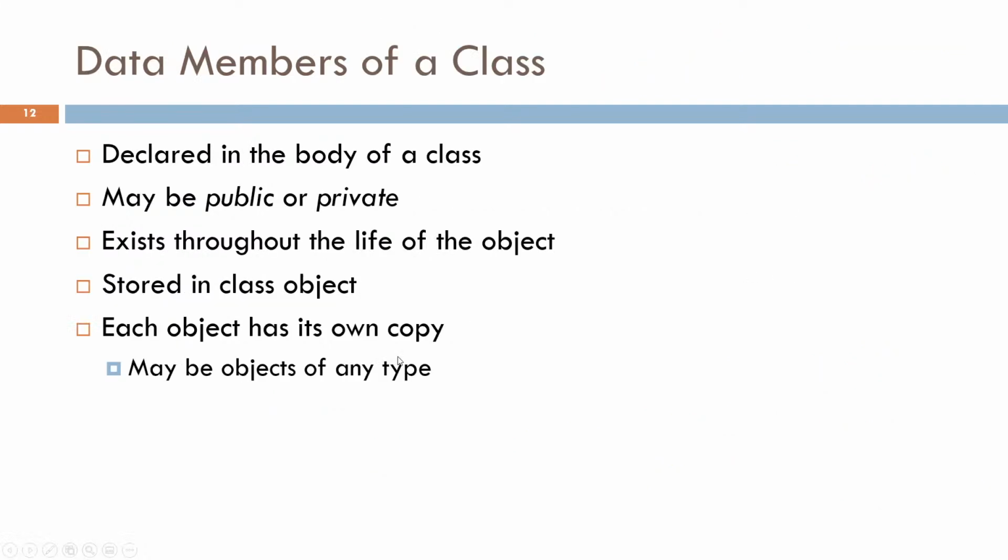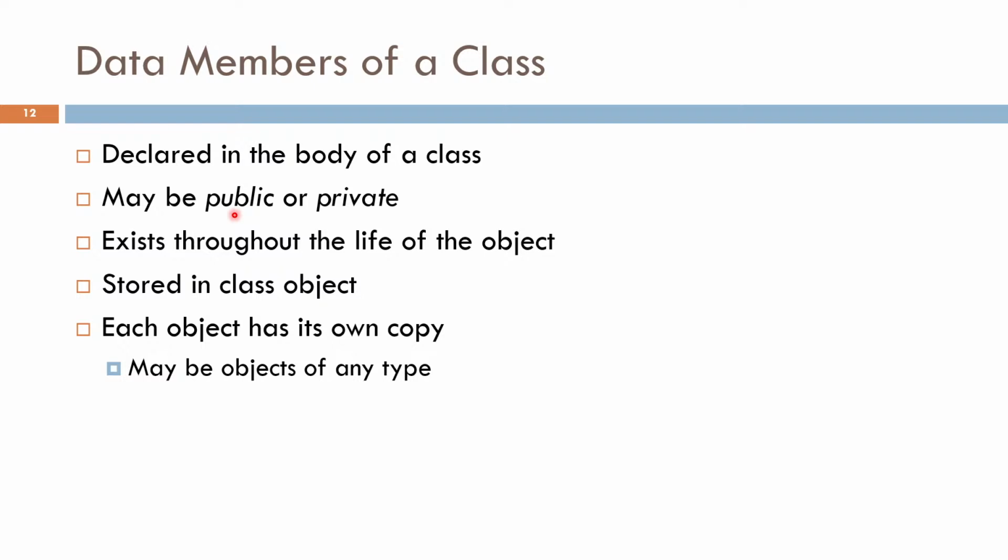All right. Now, data members with regards to our class are going to be defined within the body of our class. And we just saw an example of this where we had our display message function being encapsulated in the class GradeBook. We also saw an example of the public access specifier. And like I said, there are also two other access specifiers, which are protected and private.